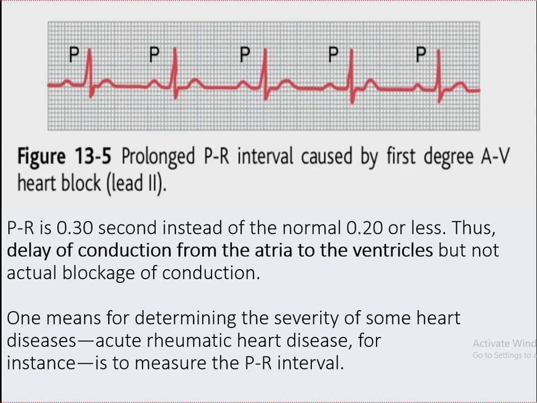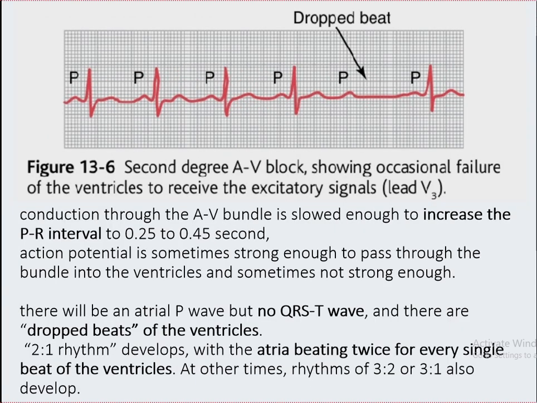Then if you have a second degree AV block, it will have dropped beats. What do I mean by dropped beats? For the second degree, the impulse may pass through the AV node or not, meaning the block is at a higher degree than first degree. For first degree, it can pass through, and for every beat the impulse is simply delayed more, prolonging the PR interval.